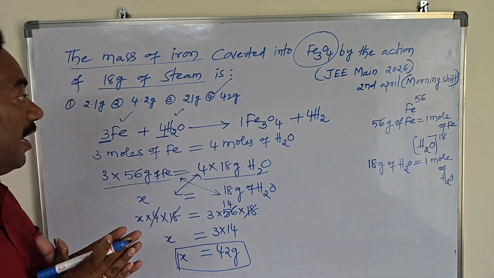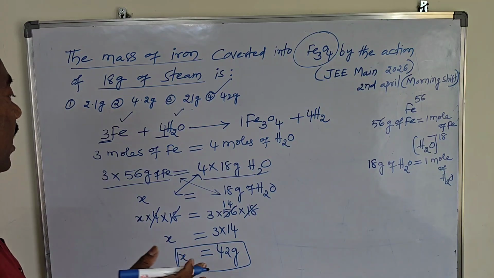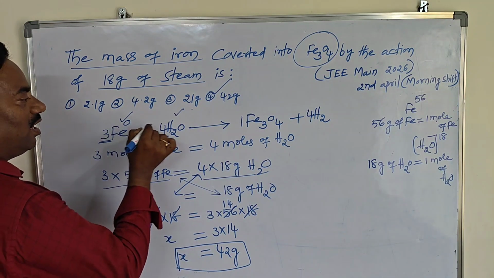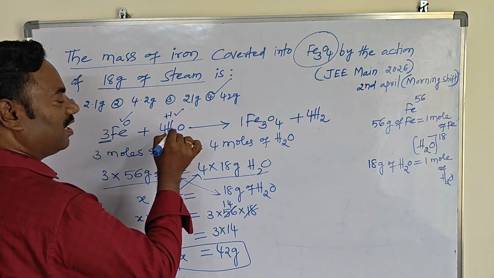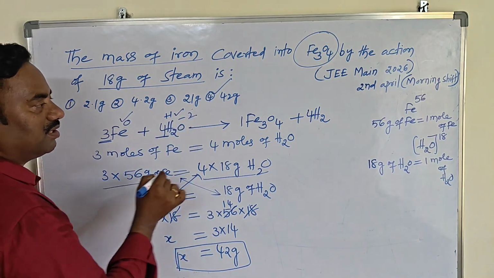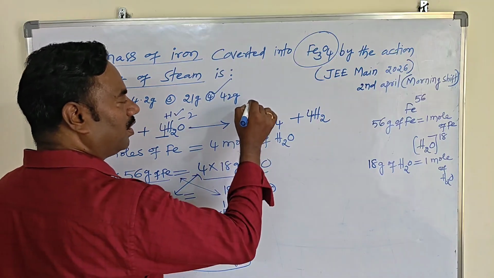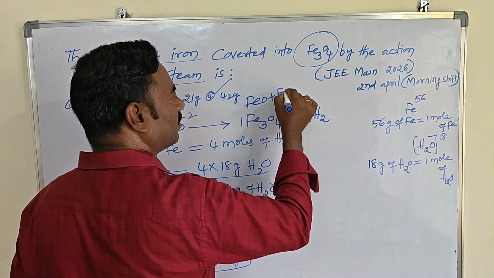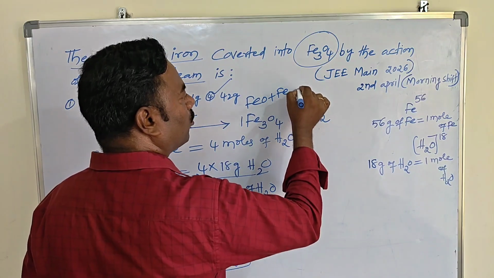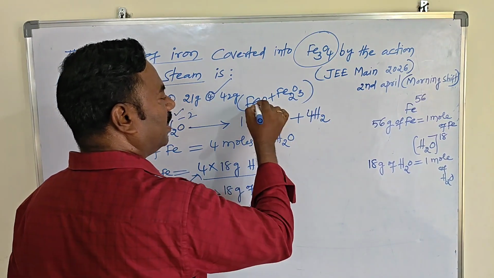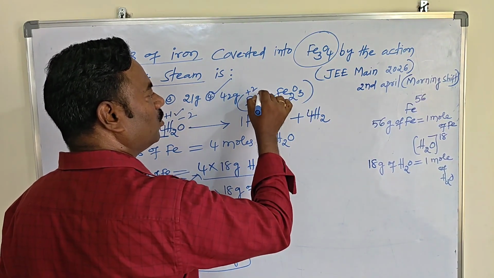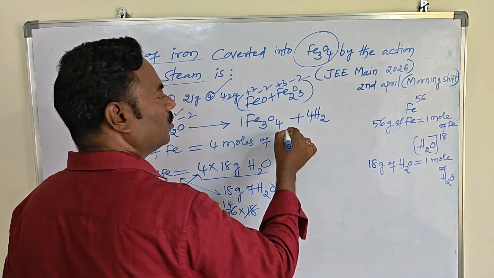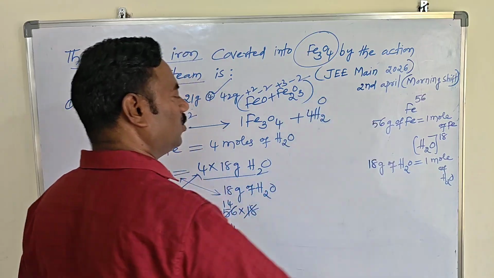One more point. This is a redox reaction. Here iron's oxidation state is 0, hydrogen's oxidation state is +1, oxygen is -2. Fe3O4 is a mixed oxide, FeO plus Fe2O3. Here iron oxidation state is +2 with oxygen -2, and iron +3 with oxygen -2, and hydrogen oxidation state is 0.